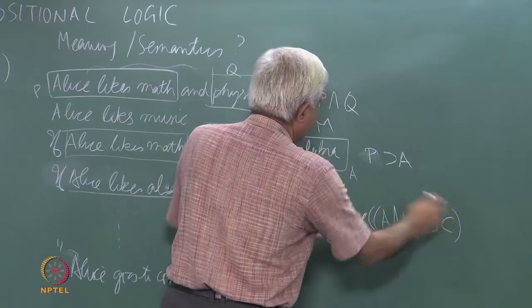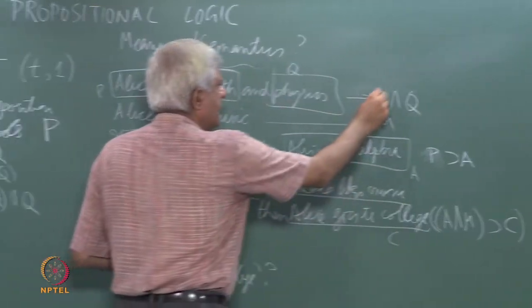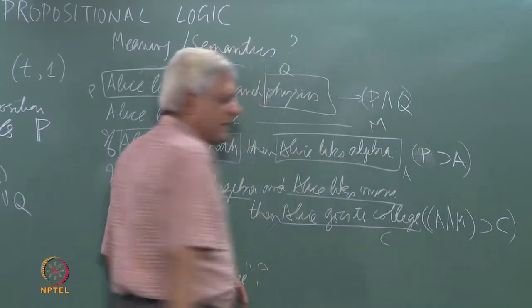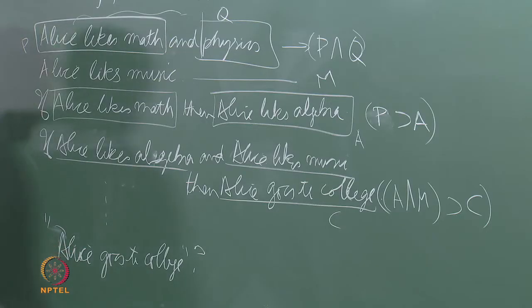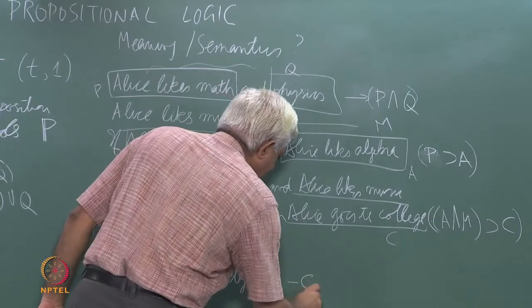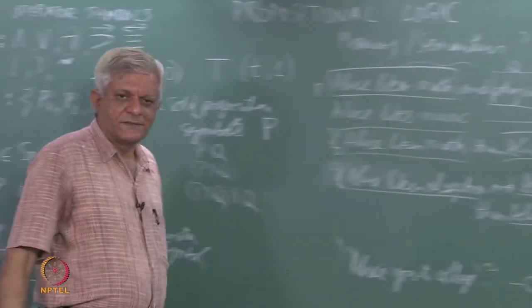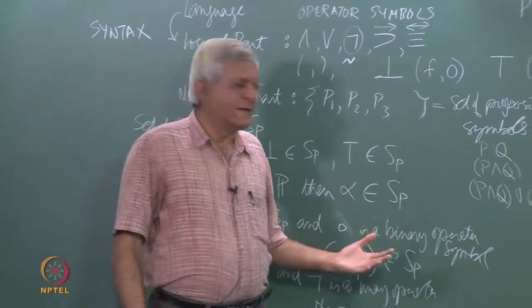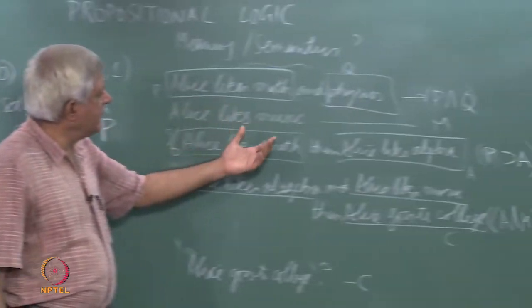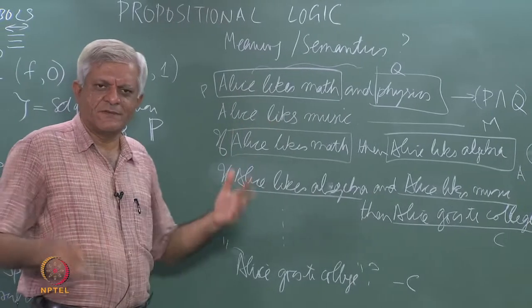Ideally I should put brackets around here, but I am not doing it because when it is clear then we do not often put brackets, and this is a sentence C, and we are asking whether this sentence is true or not. So, I am saying here that M means that Alice likes music, but that is only between us.